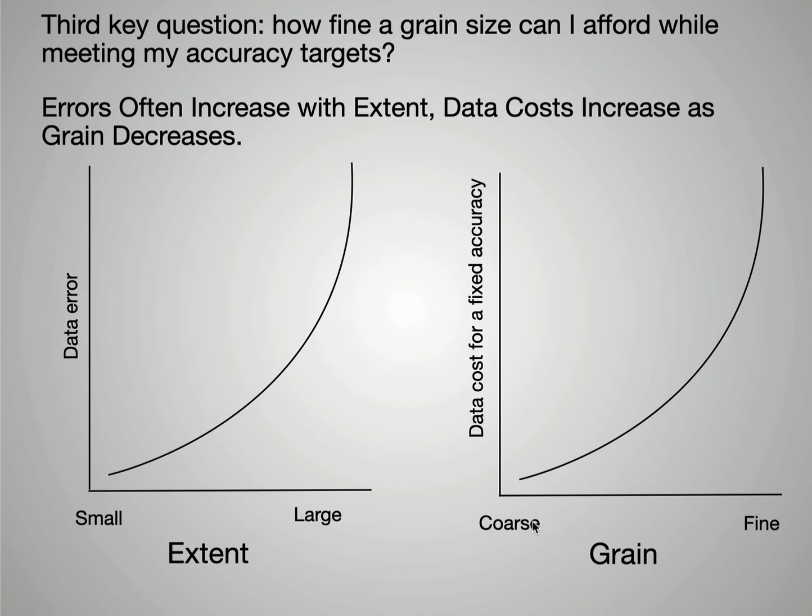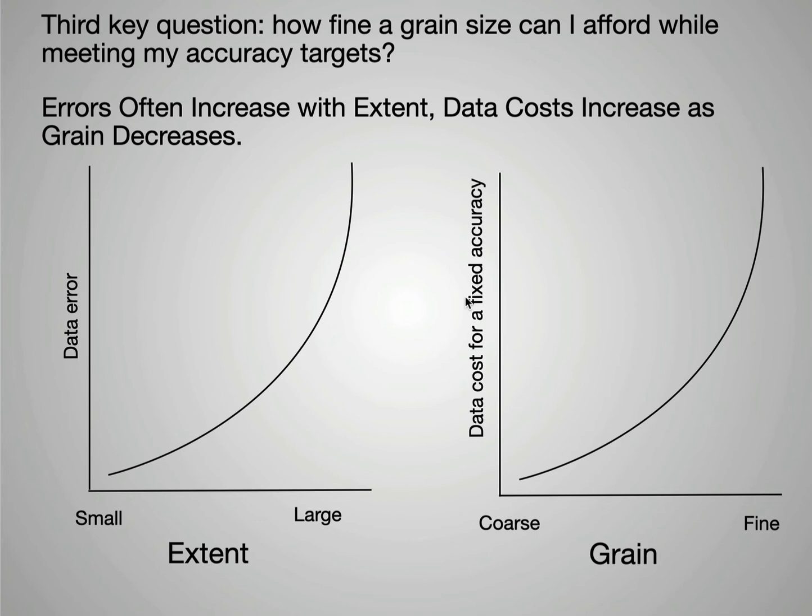And as the grain gets finer, the cost for a fixed accuracy increases. It's much harder to keep things accurate at a very fine level of detail. And so large extents and fine grain are more expensive and have more errors associated with them. So there's this trade-off. How much are you willing to pay for the level of error that's acceptable?